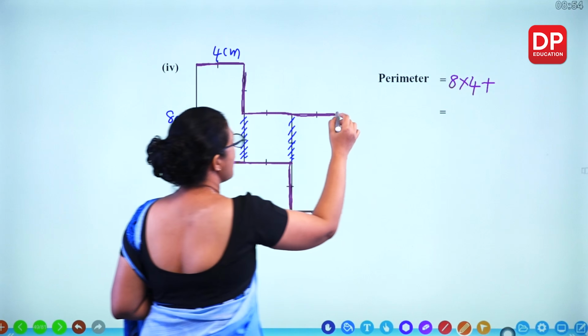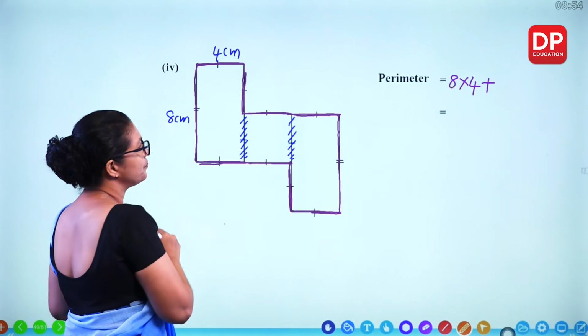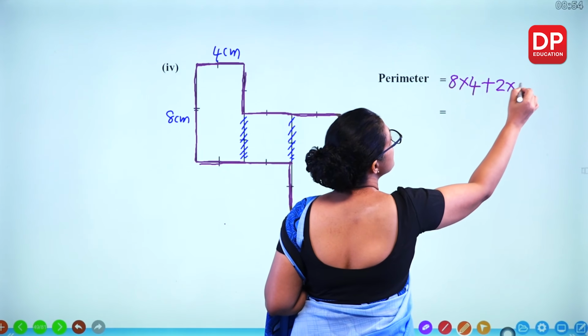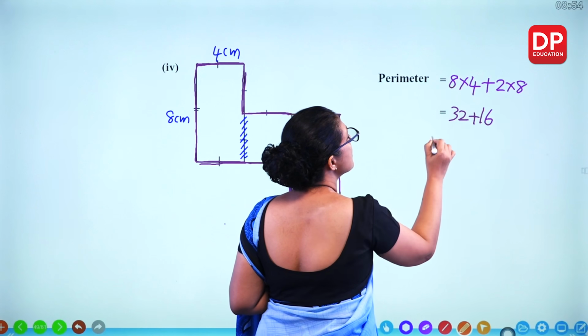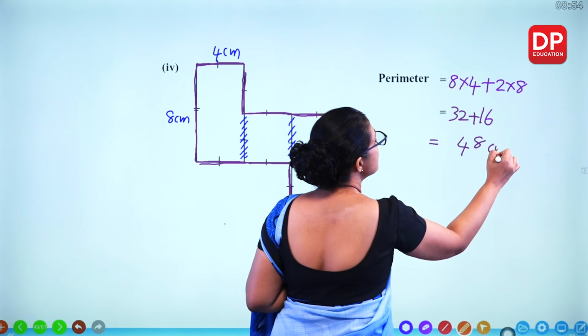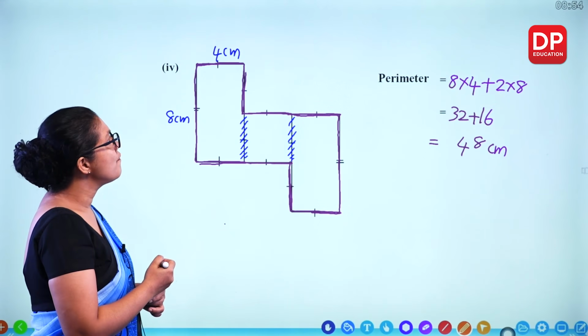How many 8s are there? 1 and 2. Now we can add it. 2 times 8. 32 and 16. 48 centimeters is the perimeter of this combined figure.